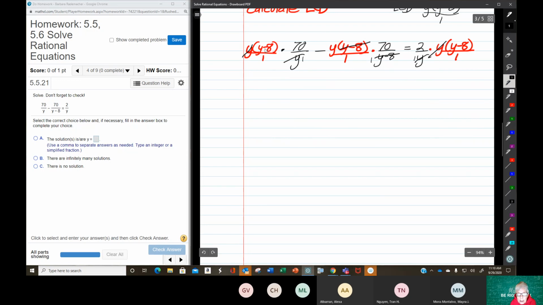On top here, I have a y minus 8 left and a 70 left. So I'm going to write that as 70 times y minus 8. And then minus, I have a y left and a 70. So that'll be 70y.